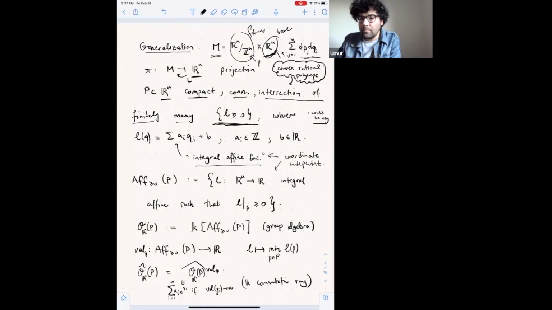Okay. So these are functions which in q coordinates look like this, sum from i equals 1 to n. It has a linear part, but the linear part is such that the coefficients are integers, and it also has some affine part, some addition of a constant part, and that could be any real number.